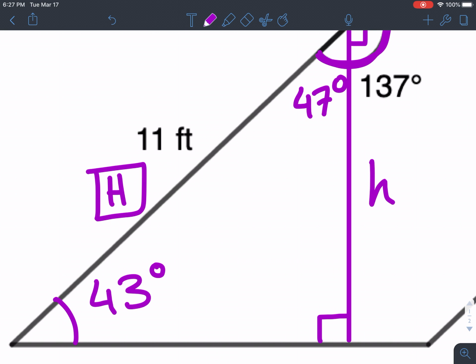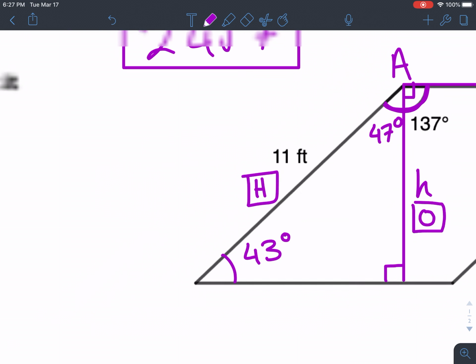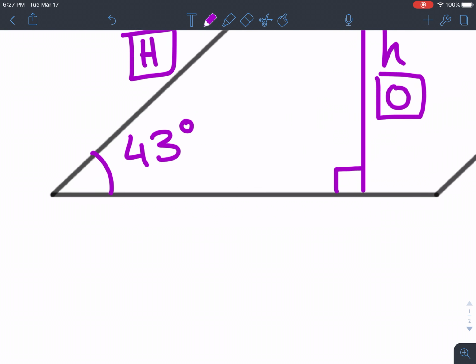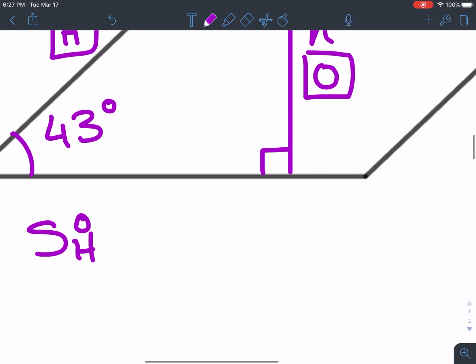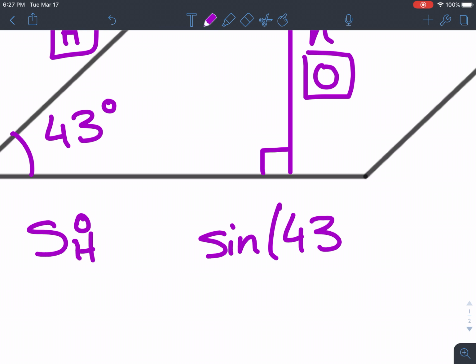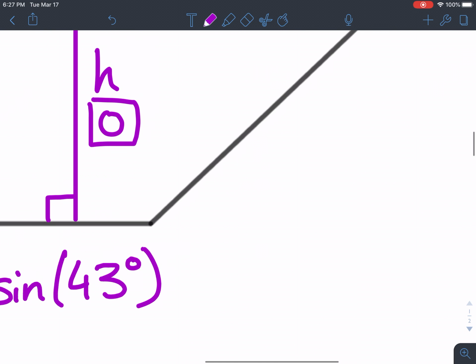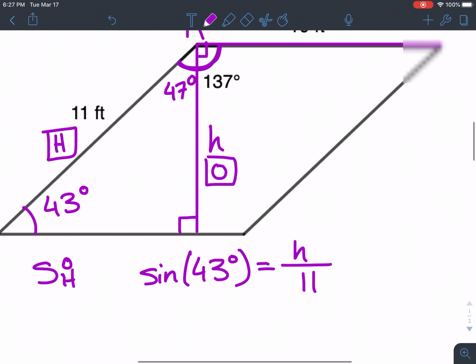But because we're going with the 43, this height, not h for hypotenuse, but this height is opposite from our 43. So I'm going to mark that as the opposite side with the O in SOHCAHTOA. That's telling me that we should be using sine. We have an angle, so sine of 43 degrees is equal to the opposite height over the hypotenuse, 11.